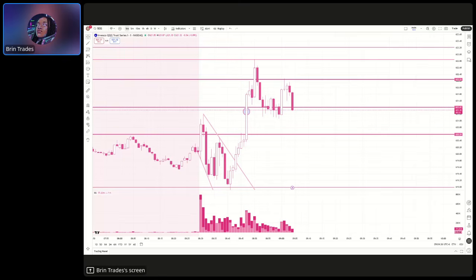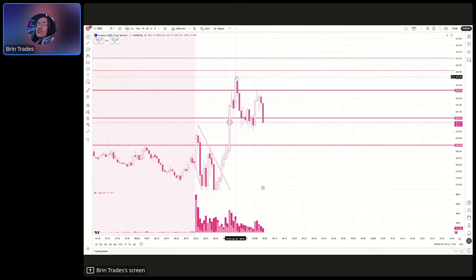I'm wondering if price is reversing because it did reverse at this level, reject at this level, and then reject at this level.